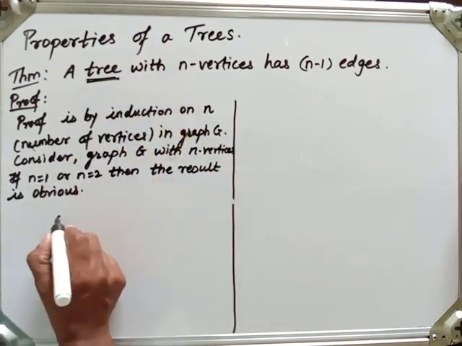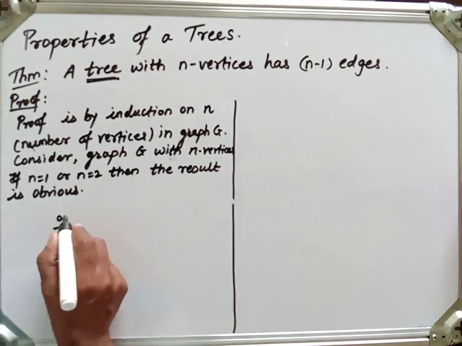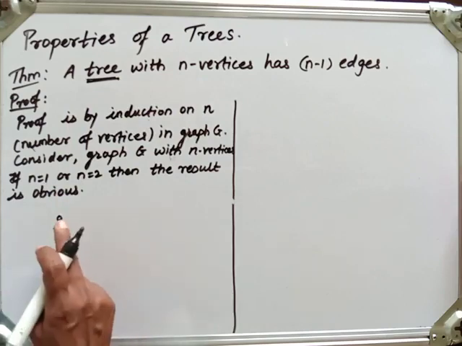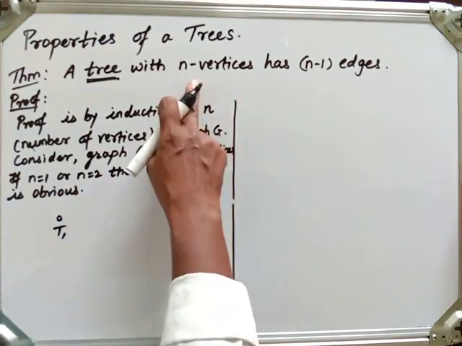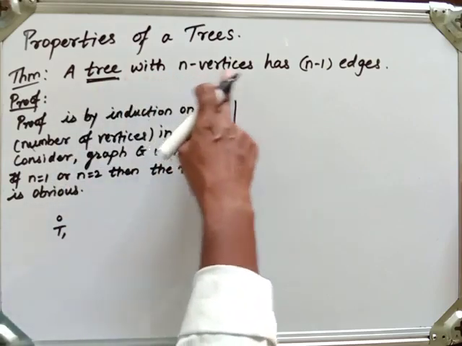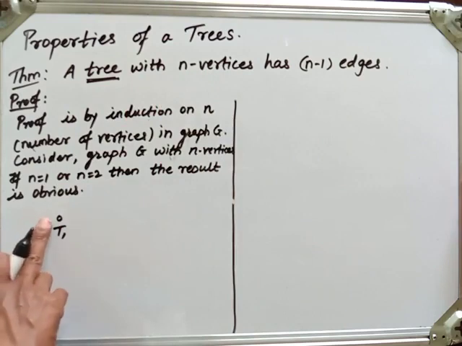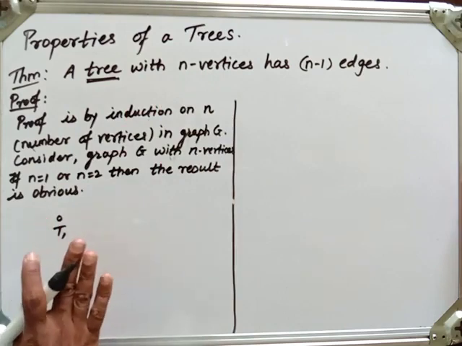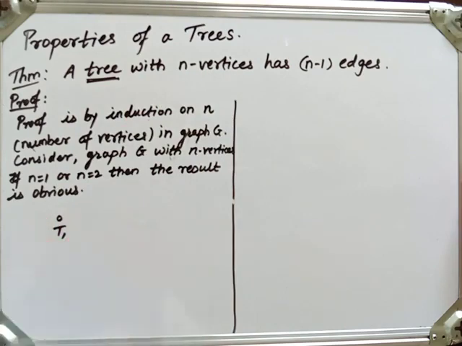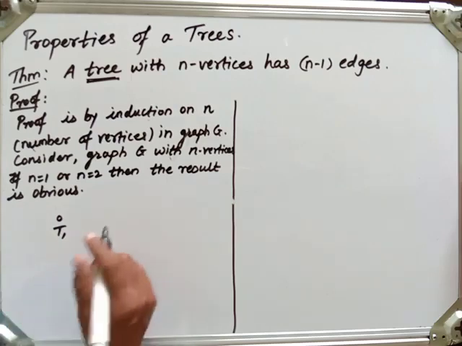If n equal to 1, it is a single vertex, a connected circuitless graph. The theorem says a tree with n vertices has n minus 1 edges. Here n is 1, the number of vertices is 1, but there is no edge. 1 minus 1 means 0 edges, so this is true.